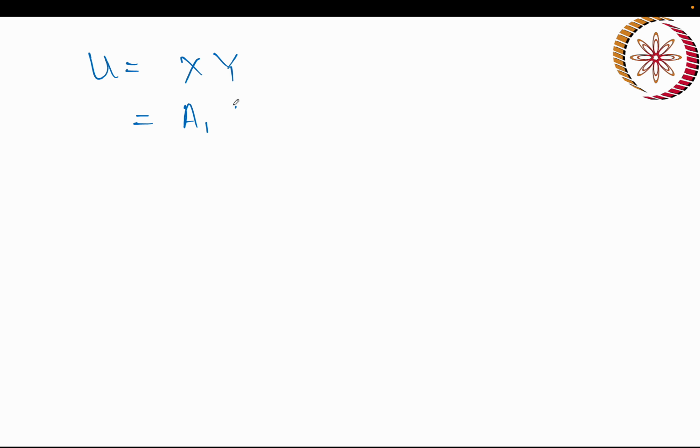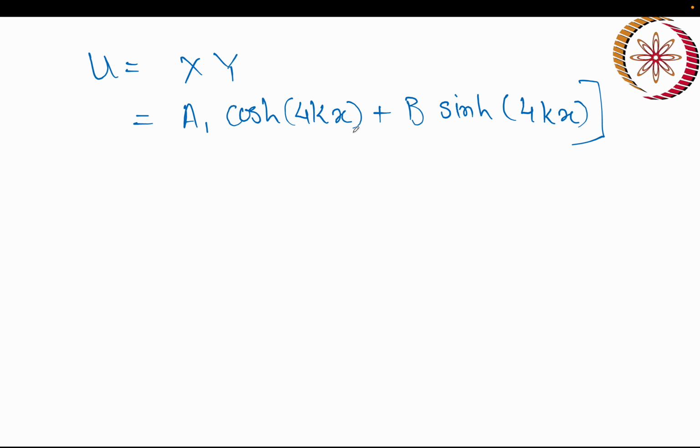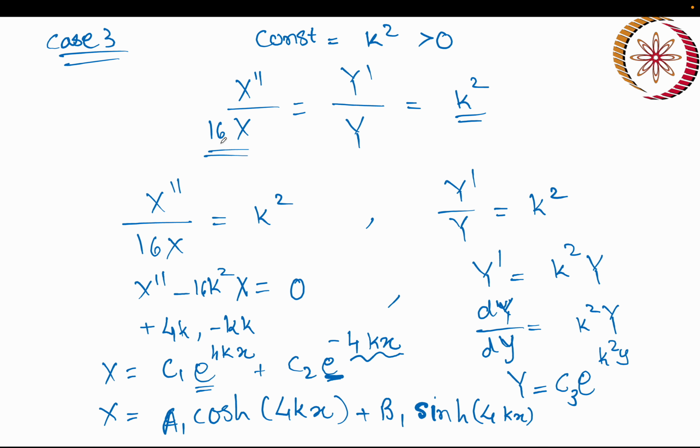Okay, so we will multiply these two. So u is equal to x into y, and x we got as a1 cos hyperbolic 4kx plus b sin hyperbolic 4kx, and y is c3 e raised to k square y.